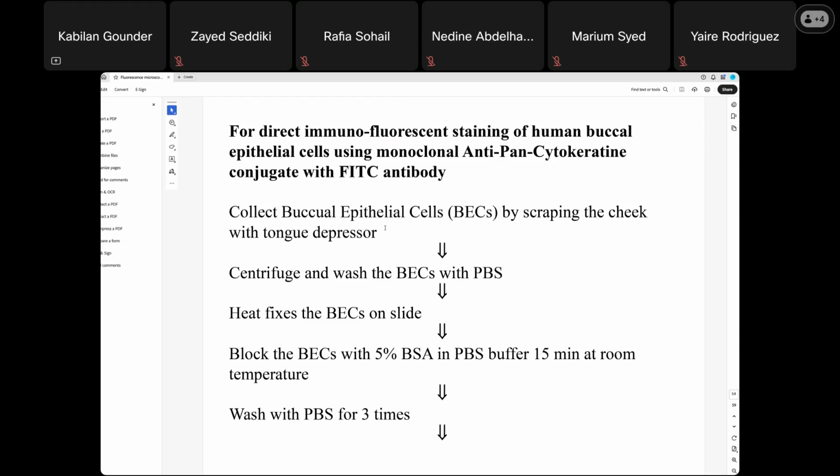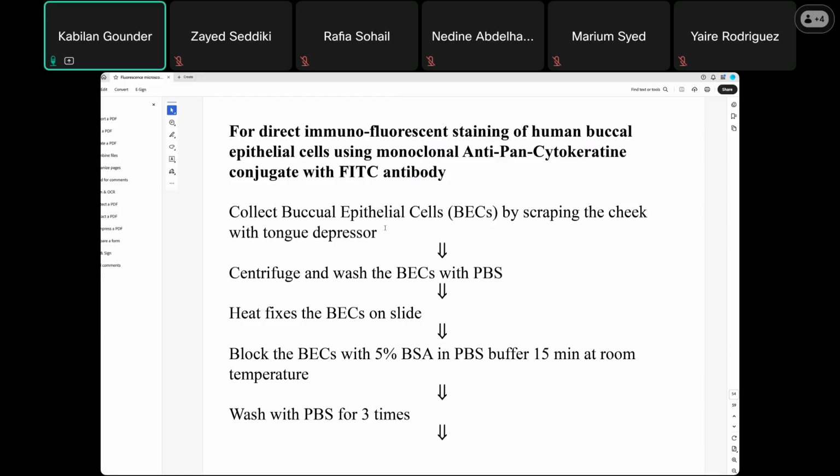Then you can heat fix. This is very quick. Once you heat fix, you can incubate with bovine serum albumin for 15 minutes to block.